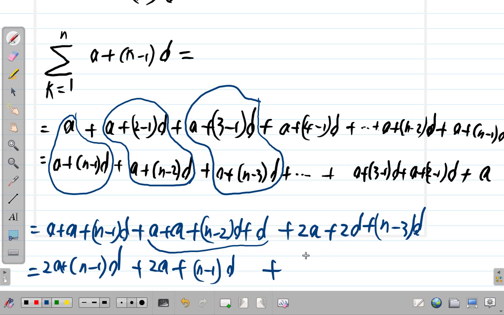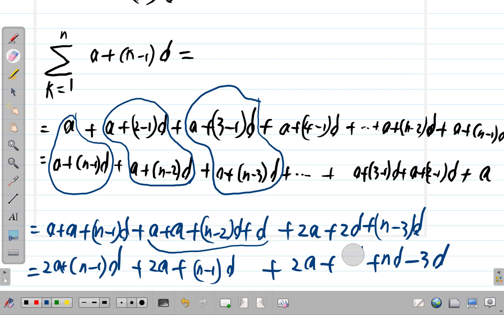If you open the bracket, you're going to have 2A plus 2D plus nD minus 3D. Alright? 2D minus 3D is going to be negative 1D.